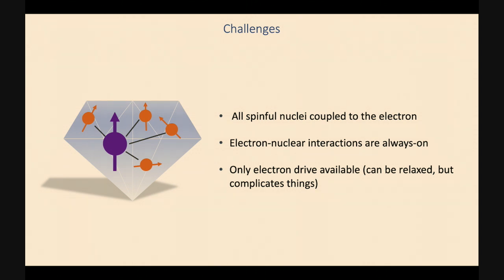You're only driving one qubit. So you have this always-on, inherently many-body system where you want to control as much as you can, and everything is controlled through the central qubit. So you need to do something to make this problem tractable, because ideally, you would like to do gates that only affect two qubits at a time: your central qubit, which is this purple one, the NV, and one of the nuclear spins.